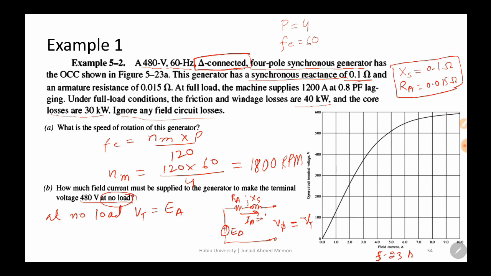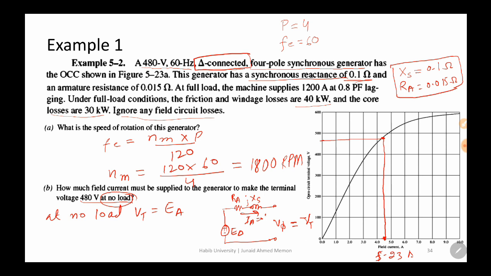So essentially this is asking how much field current we should supply to this machine to make the terminal voltage equal to 480 volts. In other words, we want to generate the open circuit voltage of 480 volts. So let's see, where is the 480? It's somewhere here. So if I plot this curve somewhere here, it's around 4.5 amperes.